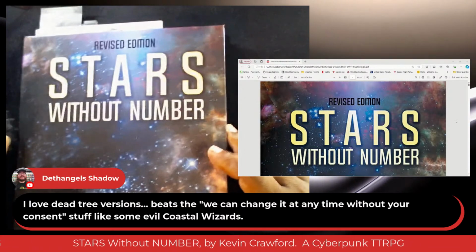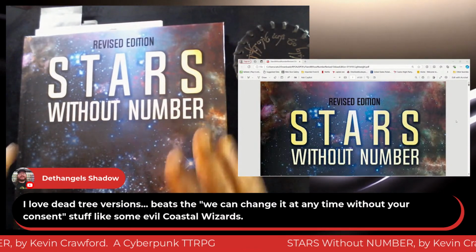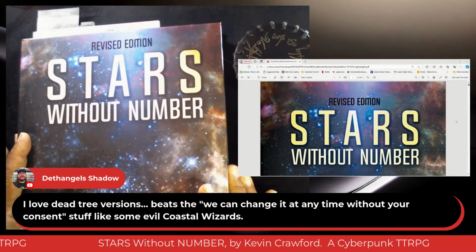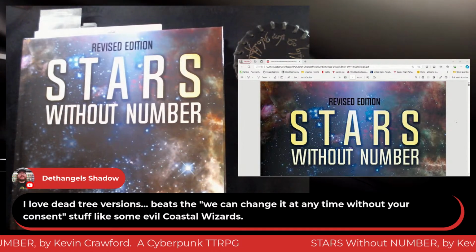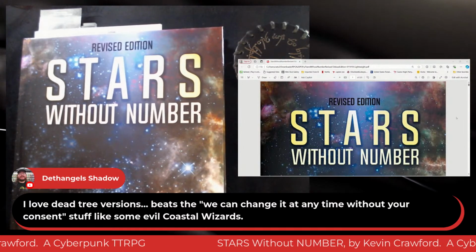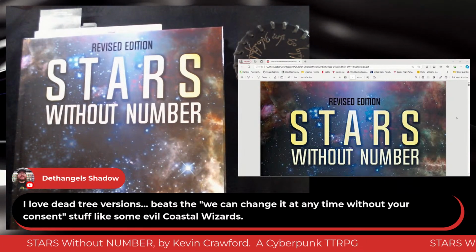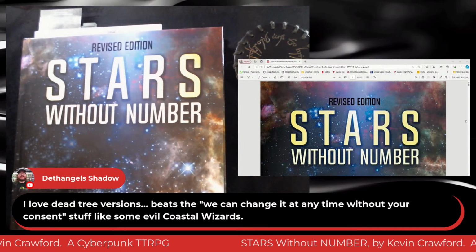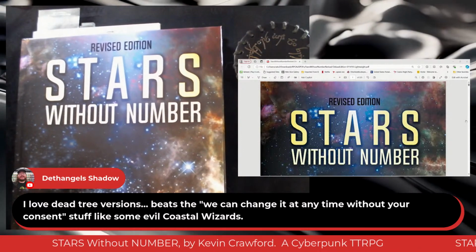But for the most part, if you buy a book, they can't change it. It's yours. You get to do with it whatever you want, as opposed to a subscription service, in which they can go in and change things willy-nilly. And we've seen this. There's some controversy when it comes to Magic the Gathering and the Wizards of the Coast digital subscription service and things like that.